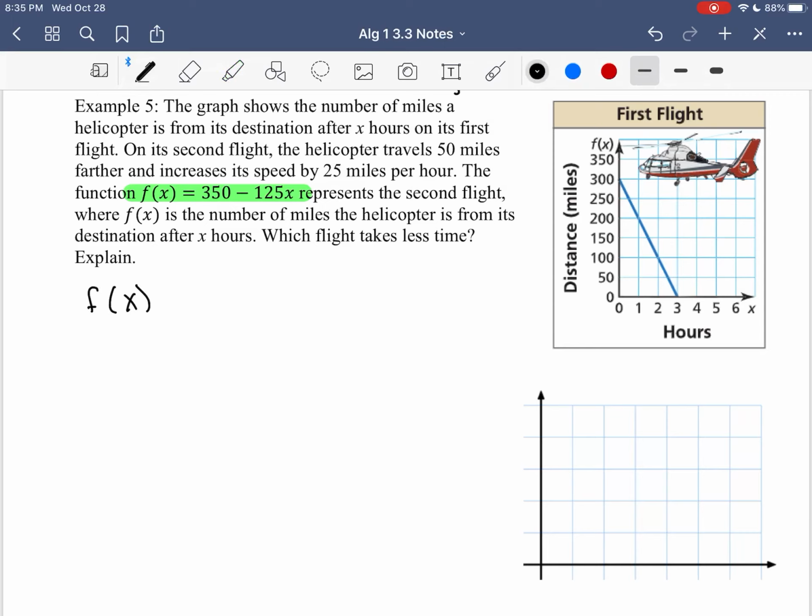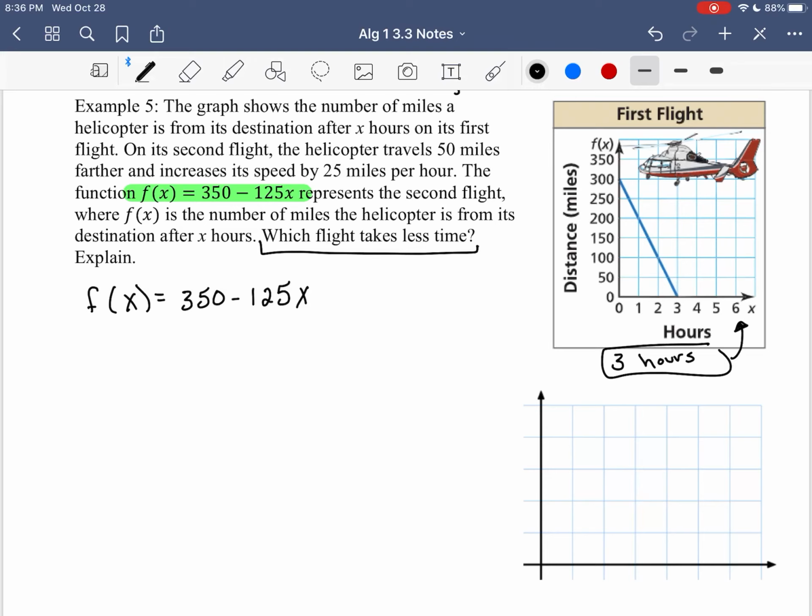F of x equals 350 minus 125x, where x is the number of miles the helicopter is from its destination after x hours. Which flight takes less time? Well, we said in this one, you're at your destination after 3 hours. So we know for this flight, you're at your destination after 3 hours for this first flight.